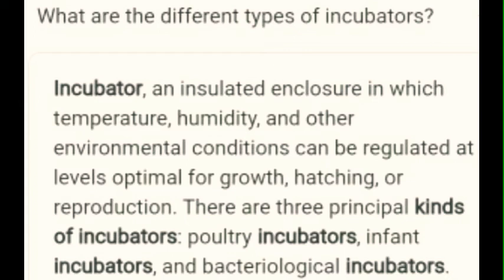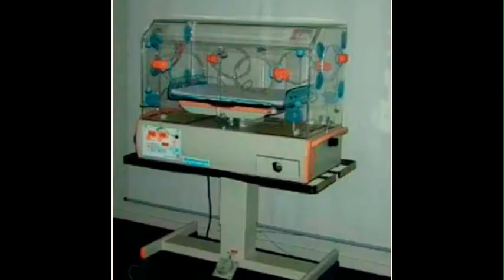Nowadays a major problem in the country is male and female infertility, in which the incubator has a major role in the development of the embryo inside the lab.